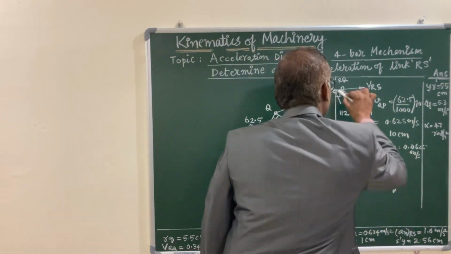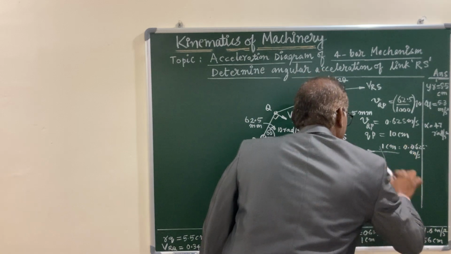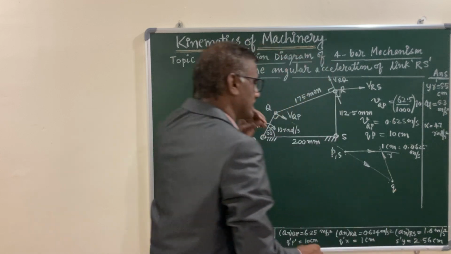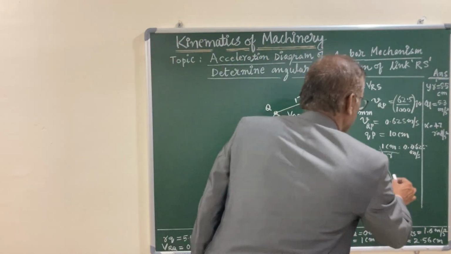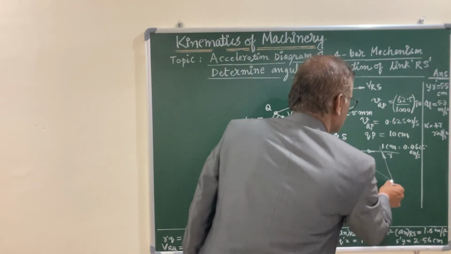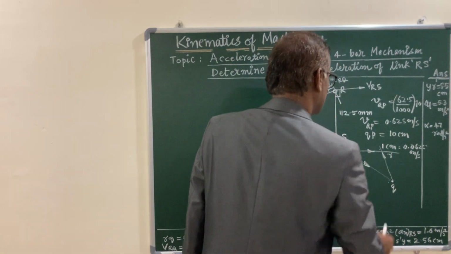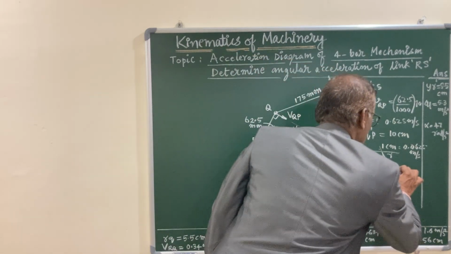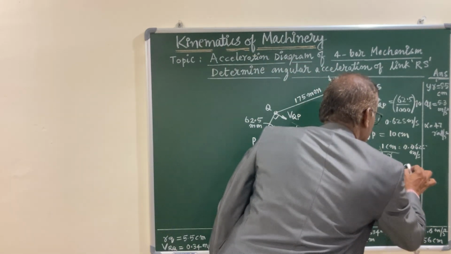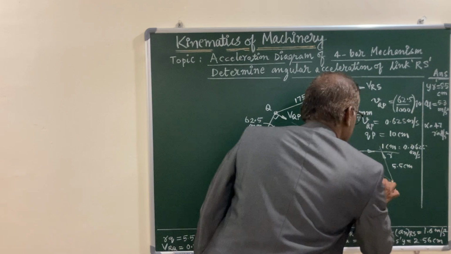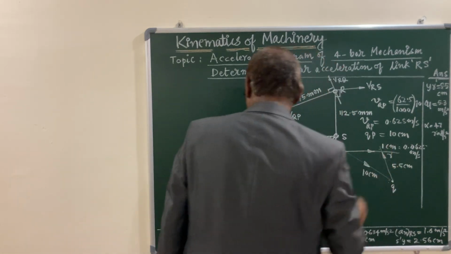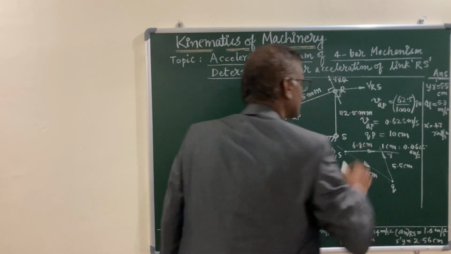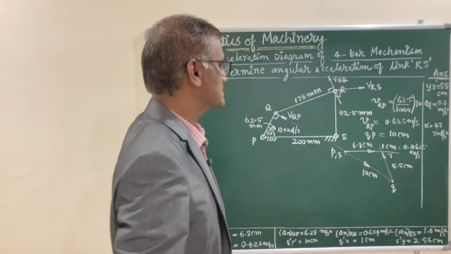Passing through Q, erect a perpendicular vector, and this is exactly the required intersecting point R. You can measure these lengths. Here the length of RQ by measurement is 5.5 centimeters, this is 10 centimeters, and this length is 6.8 centimeters. That is by measurement.